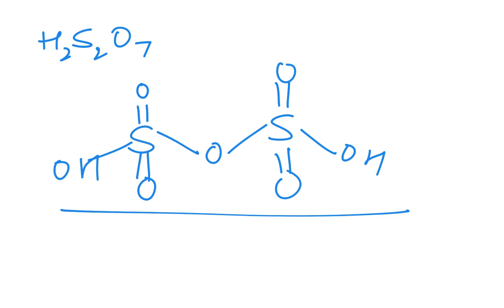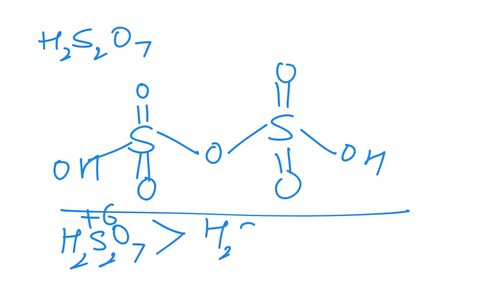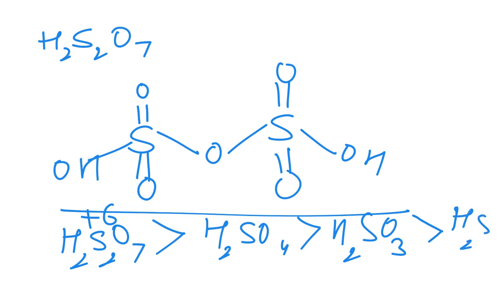And if you want to arrange these acids in decreasing order, you will see that the one which has the most oxidation number, 6, will be the strongest acid. Then you will get H2SO4, then H2SO3, and then H2SO2.